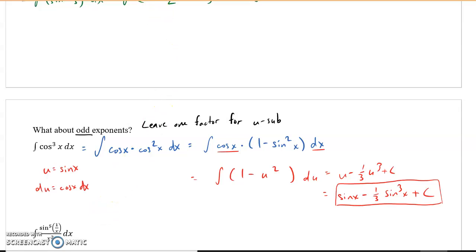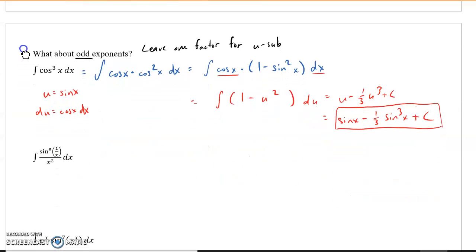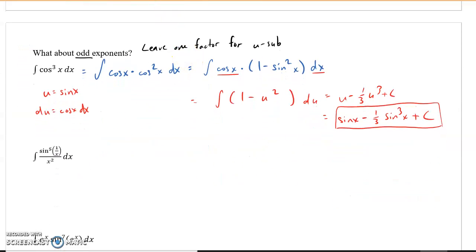But don't forget that we have other techniques, right? Like, for example, notice that if we look at this guy right here, that might be scary. But if you think about its derivative, wait a second, the derivative of 1 over x is negative 1 over x squared. Oh, okay. So we can actually make this a little bit prettier if we start off with a useful u sub of 1 over x.